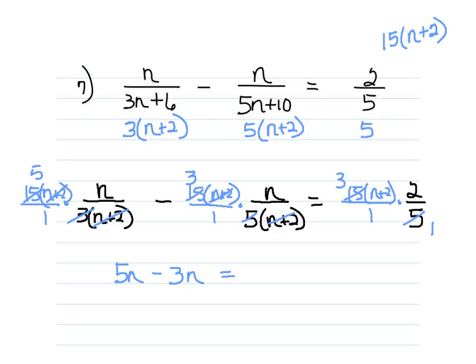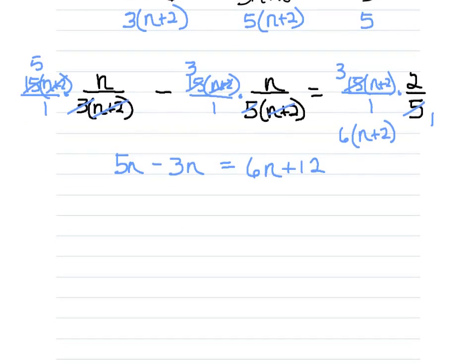So I have 3 times n plus 2 times 2. That's the same as 6 times n plus 2. So I'm going to go ahead and distribute that. 6n plus 12.